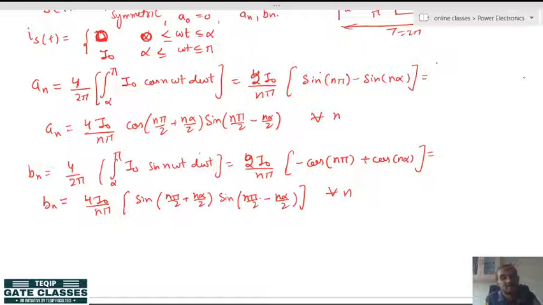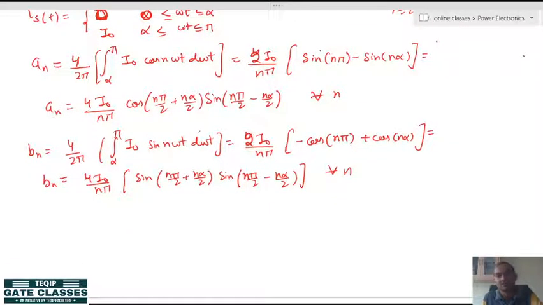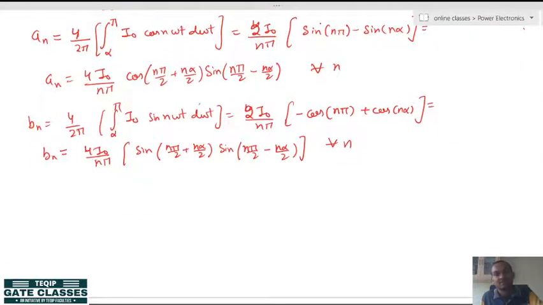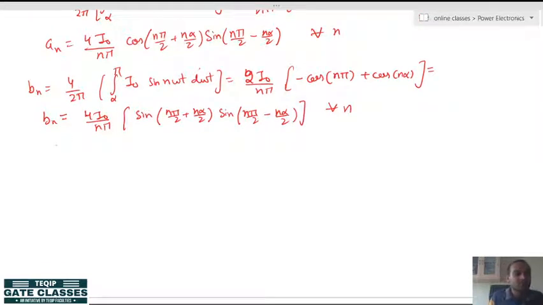So, now let us write it in the Fourier series expansion form and see what is happening. If you write i(t), it will be summation n equal to 1 to infinity, a n cos n omega t plus b n sin n omega t.